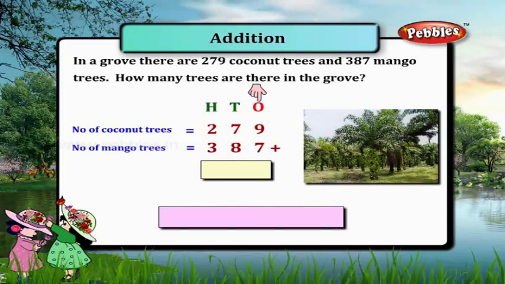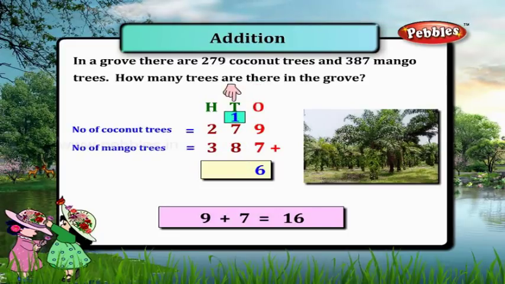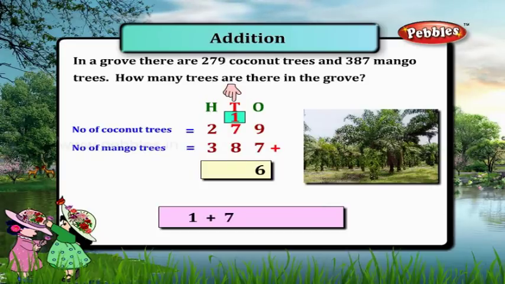Add the ones. 9 plus 7 is equal to 16. Write 6 in the ones column and carry over 1 to the tens column. Now add the tens. 1 plus 7 plus 8 is equal to 16.